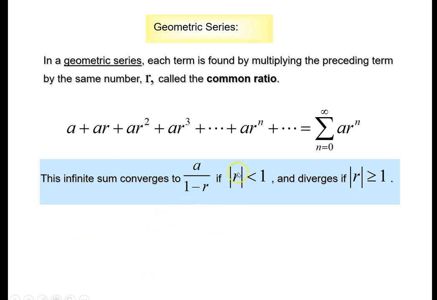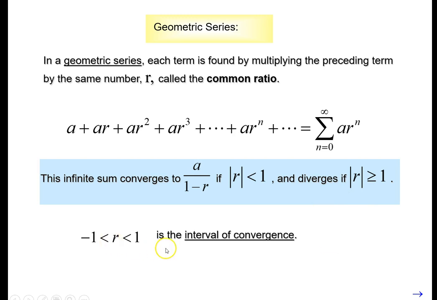But if the absolute value of r is less than 1, then this infinite series is going to converge, and it converges to a particular infinite sum of a over 1 minus r. If the absolute value of r happens to be greater than or equal to 1, then the sums will just keep getting bigger and bigger, in which case we'd say that the series diverges.